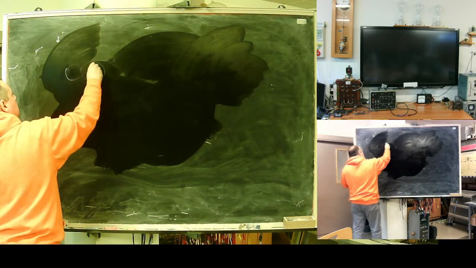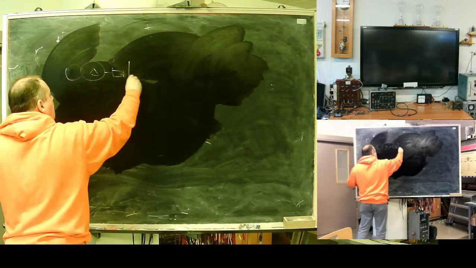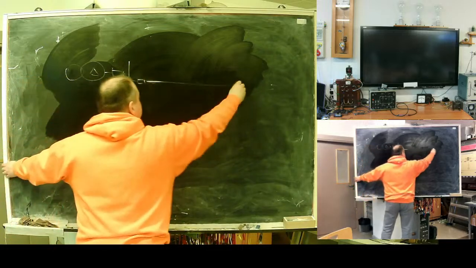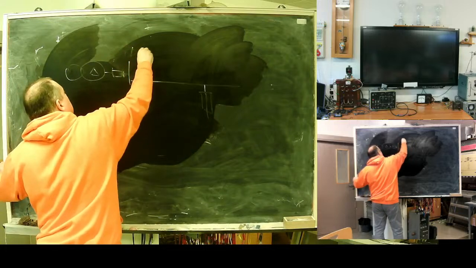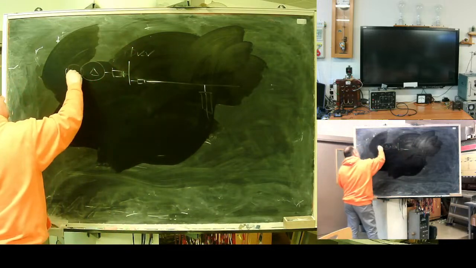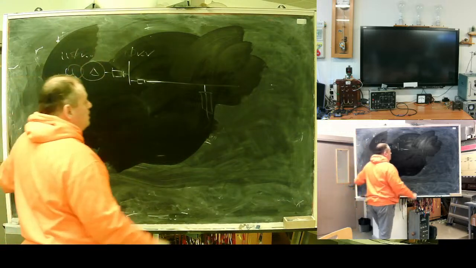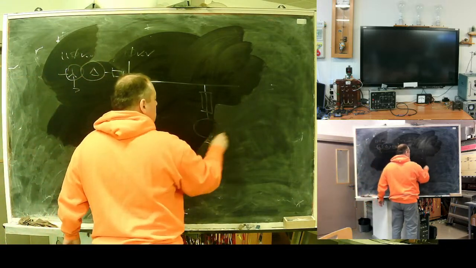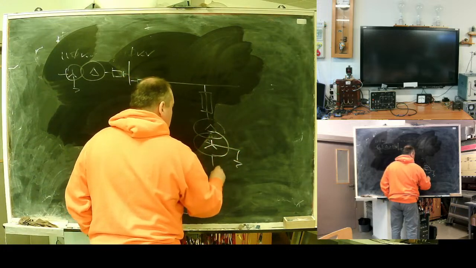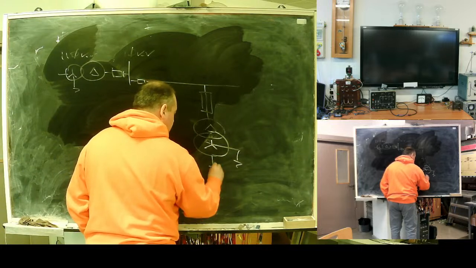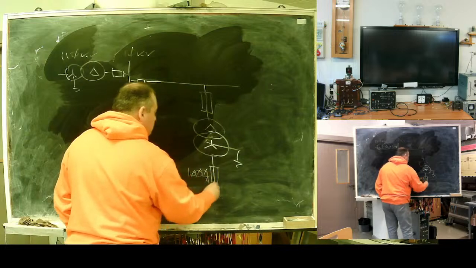Okay, I'll draw a transformer. Your line here, let's say 10 or 11 kilovolts, 110 kilovolts, 10 kilovolt fuse, delta, star, I don't know, 1000 to 2000 amp fuse.